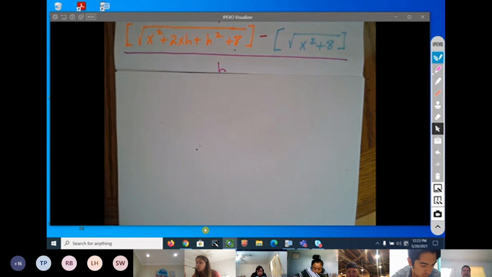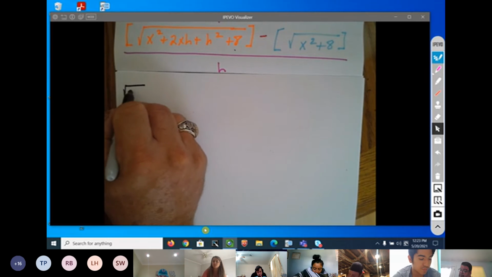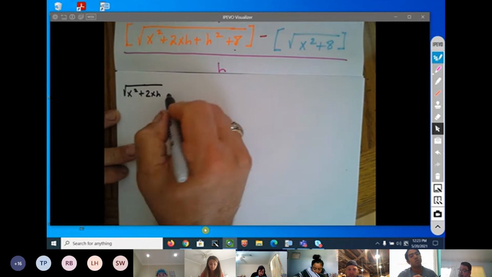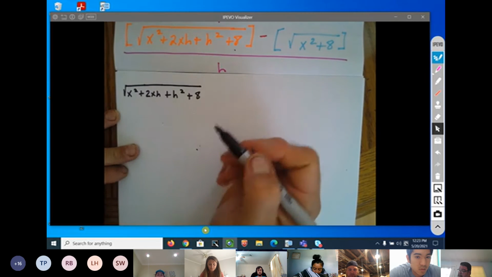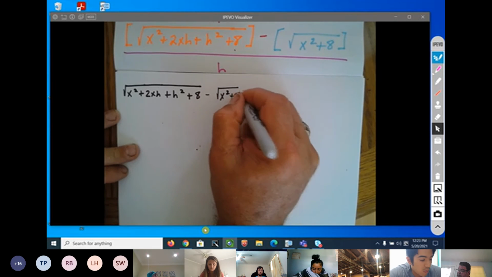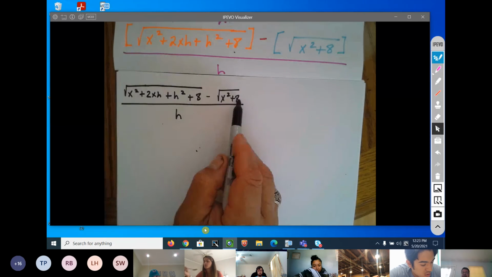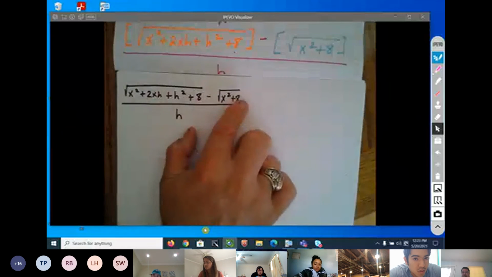I'm going to go back to my black, and I'm going to do the square root of x squared plus 2xh plus h squared plus 8 minus the square root of x squared plus 8, over h. So what is the conjugate of the square root of this mess minus the square root of this mess? The square root of this mess plus the square root of this mess.